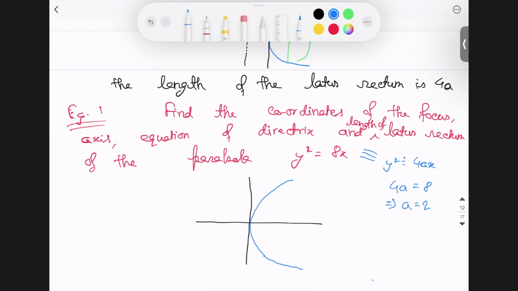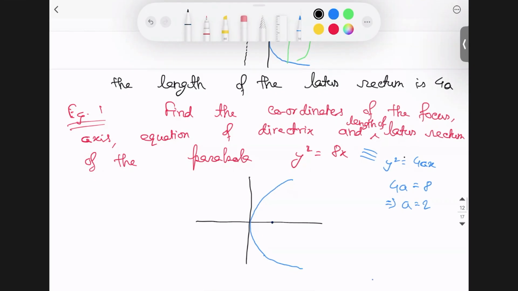So the focus will be at the point a comma 0. Now, obviously, the directrix will be at the same distance from the focus and on the opposite side. The equation of the directrix will be x equals minus a.